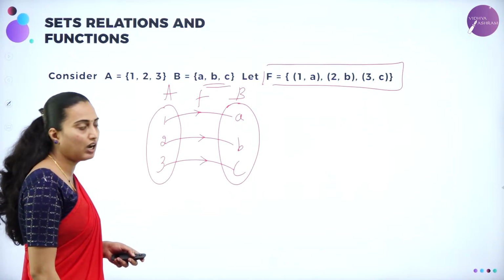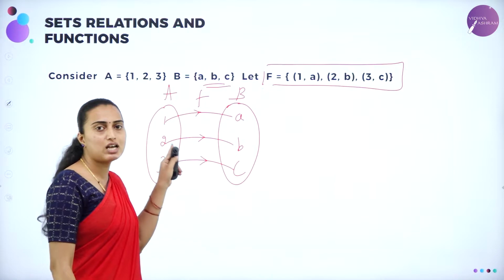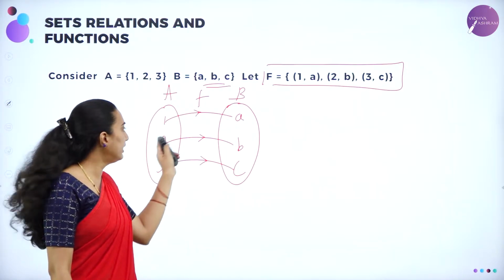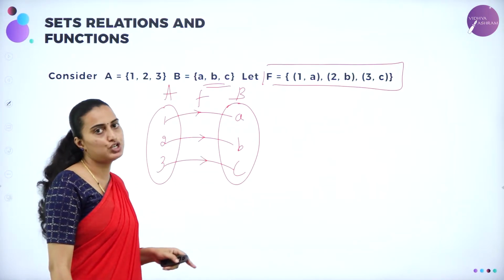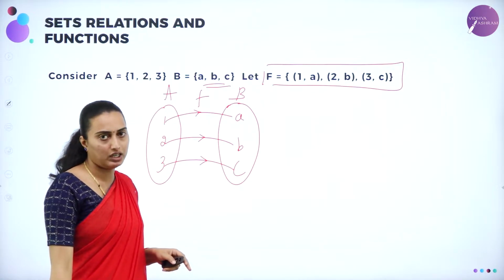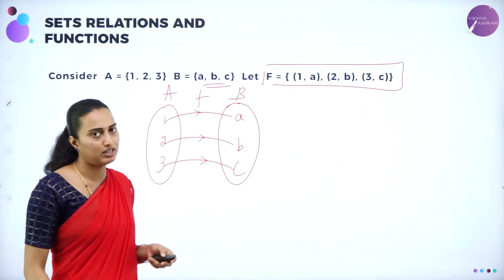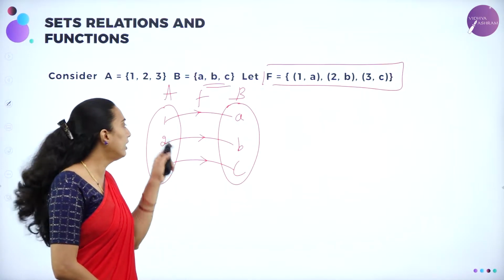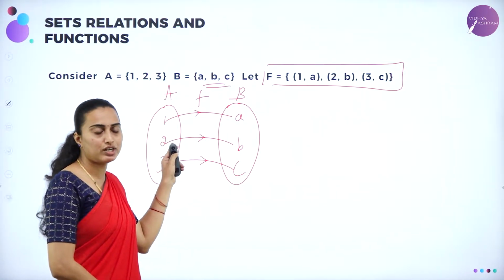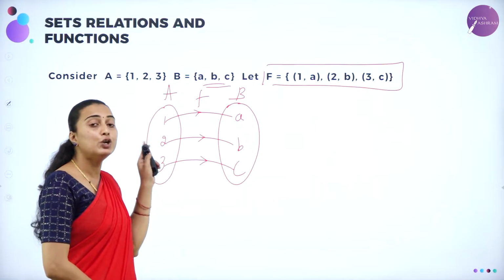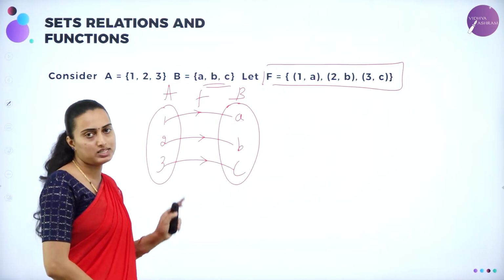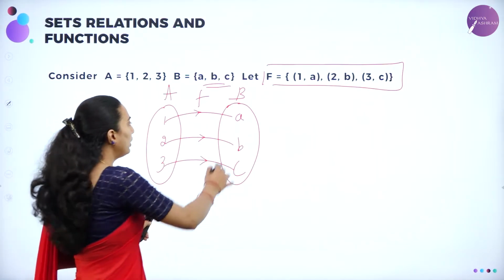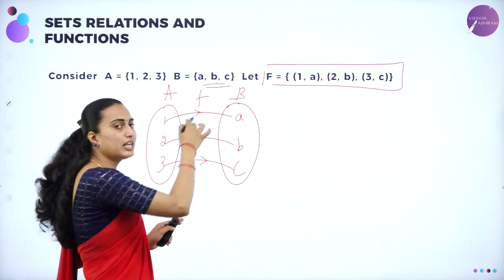You can see here elements of X are not repeated, and it has unique images. Otherwise you can say like this: no element should be left out in the domain set, and all the elements of the domain set must have unique images in the codomain set, because we call these elements the images.